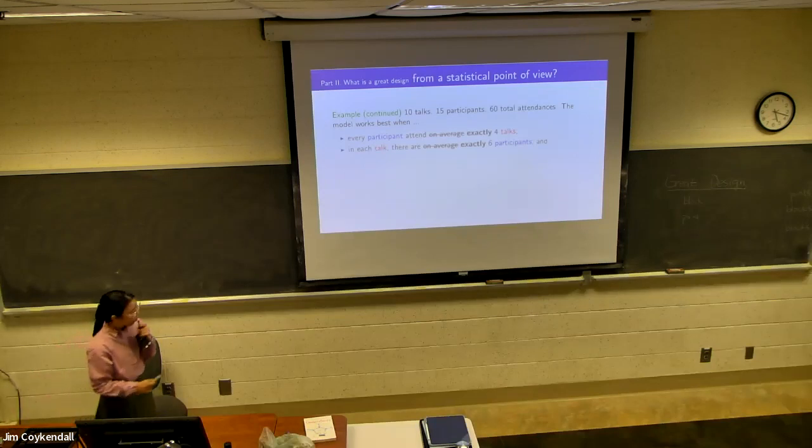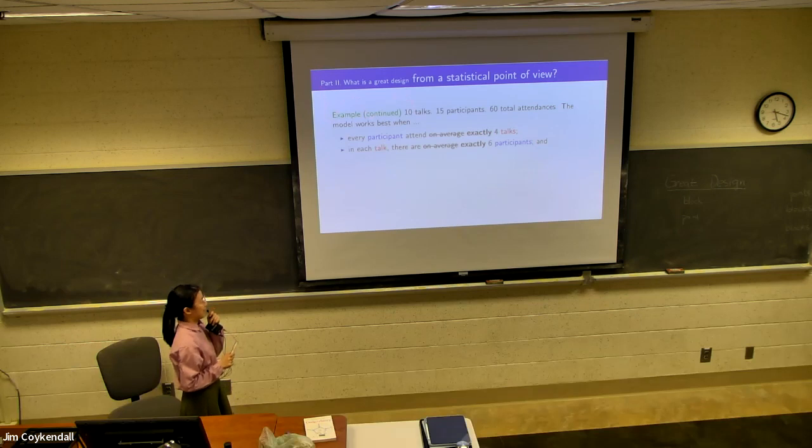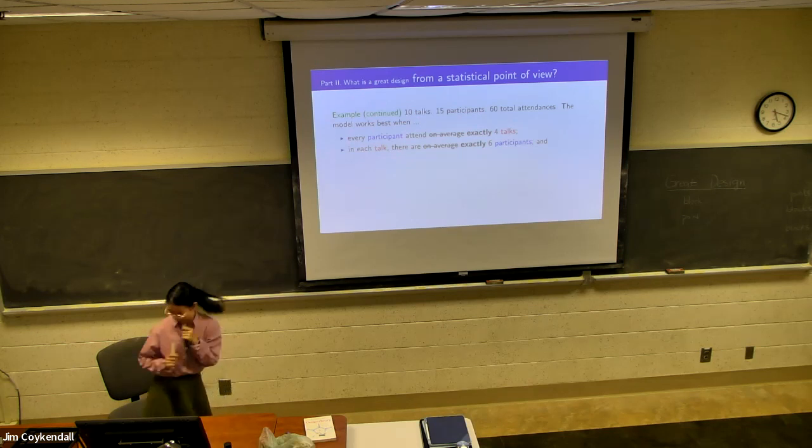Then the model will work best when every participant attends exactly 4 talks. So instead of on average 4 talks, every participant attends exactly 4 talks. Instead of on average 6 participants on each talk, they will prefer to have exactly 6 participants in each talk.